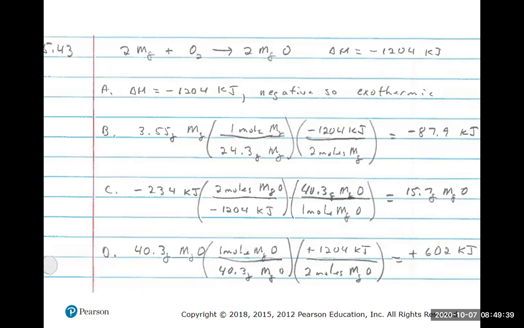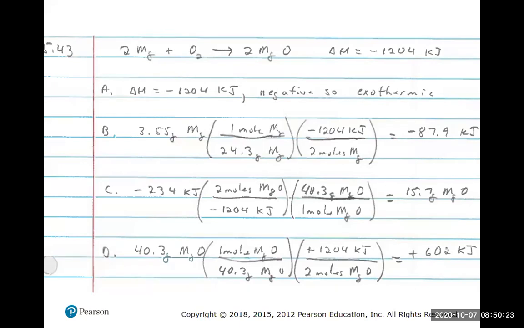That's why, when I have my moles of magnesium, the denominator has 2 moles of magnesium. It's because of that coefficient in front of the magnesium in my equation. So that tells me that to get to this minus 1204 kilojoule delta H value, it had to have 2 moles of magnesium reacting. Then I ratio that, minus 1204 kilojoules divided by 2 moles. Now my units all cancel, my final units are kilojoules, and it comes out to minus 87.9.